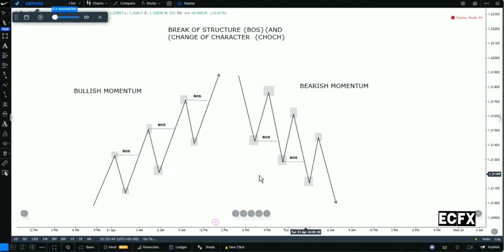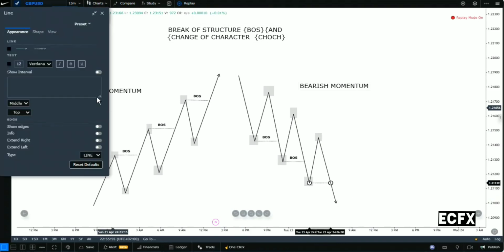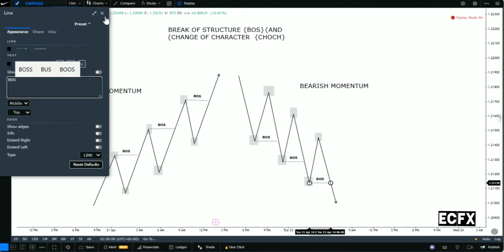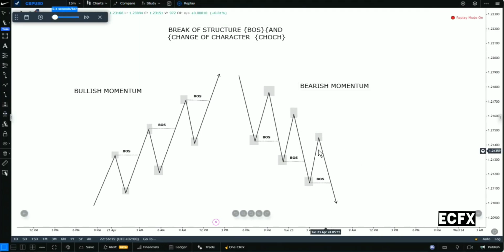So I hope this is easy to understand. If you do not understand, please let me know so I can explain this in a clearer way. Right, so left side is bullish momentum, right side is bearish momentum, right?